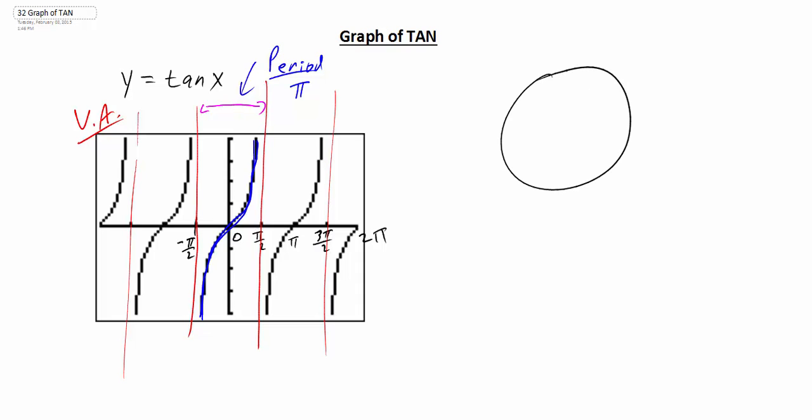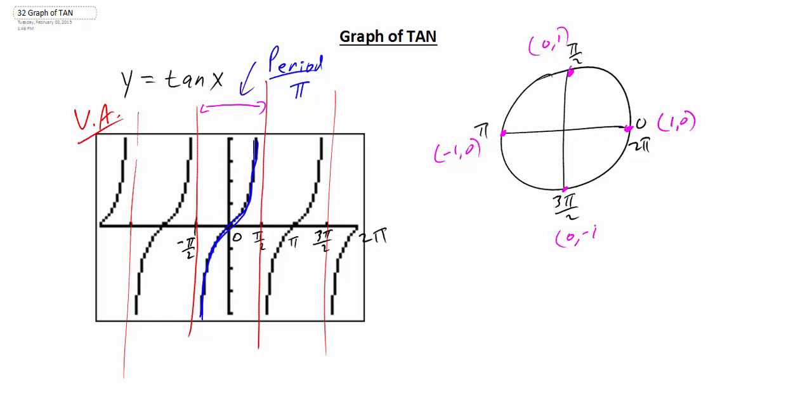Well, once again, go back to the unit circle. If we start here at 0 and we go around, and we recall the coordinates of each of these key points, we will notice that for our tangent function, when we say y equals tangent x, remember tangent is the same thing, if we think of our quotient identity, as sine x over cosine x.